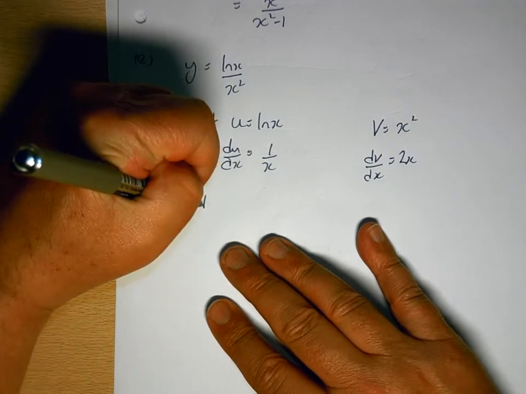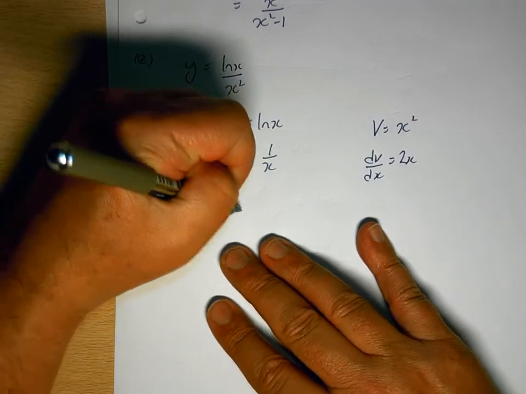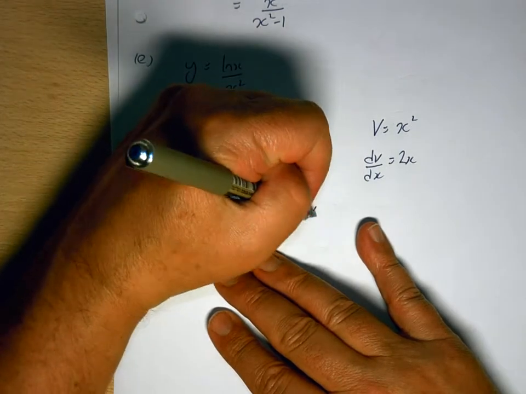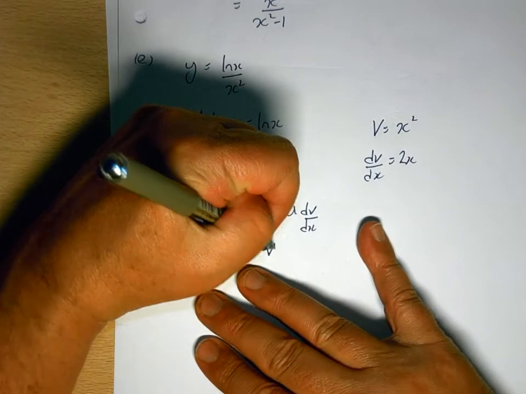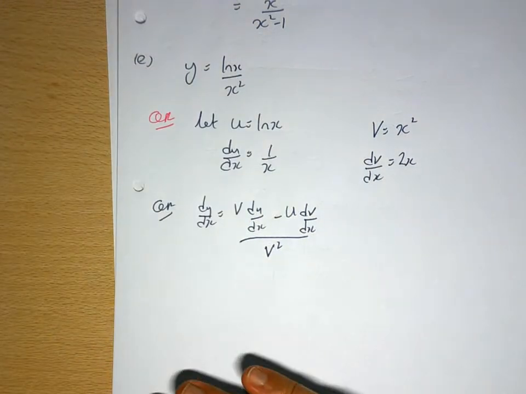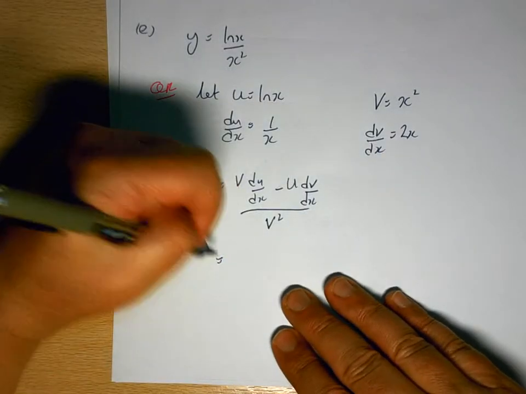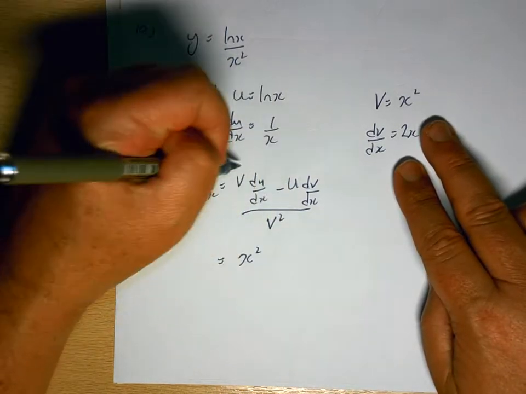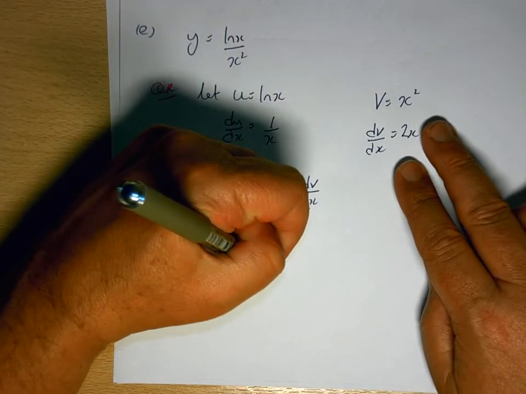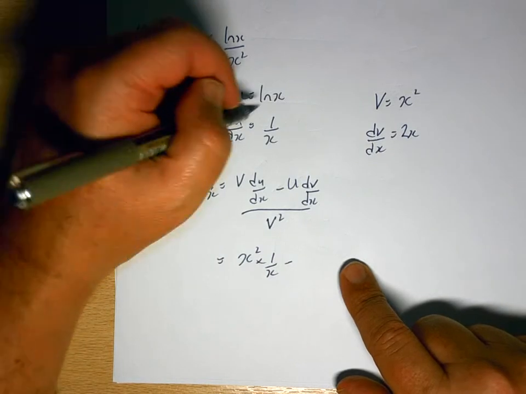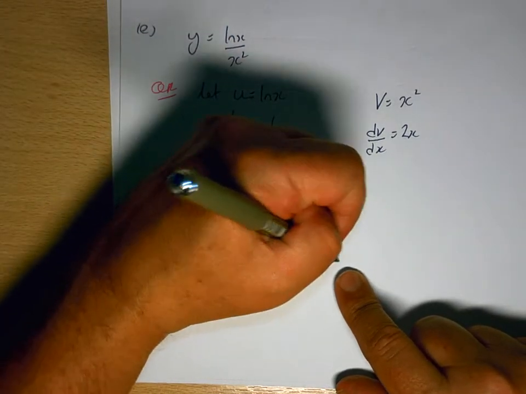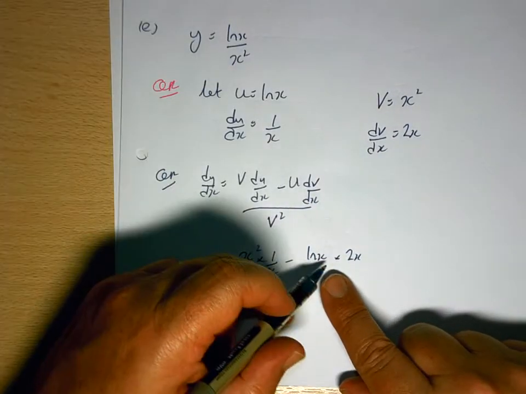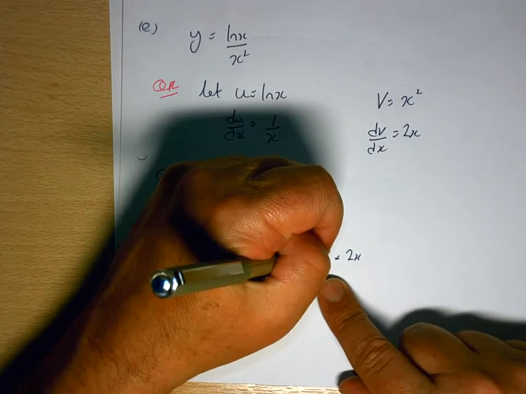Quotient rule, dy dx is v du dx minus u dv dx all over v squared. So for us, v du dx will be x squared times 1 over x minus u times dv dx, 2x. Be careful when you're dealing with this now.